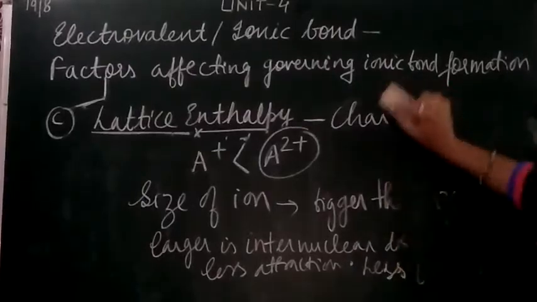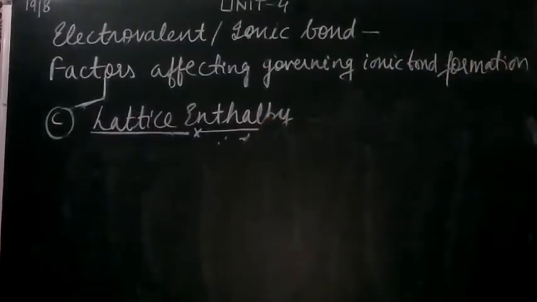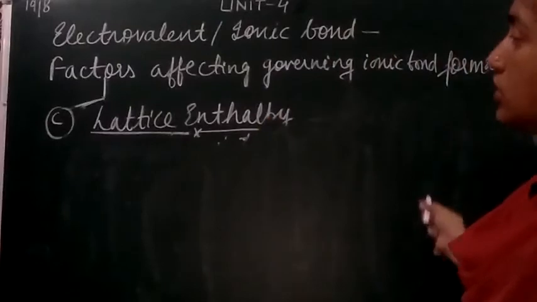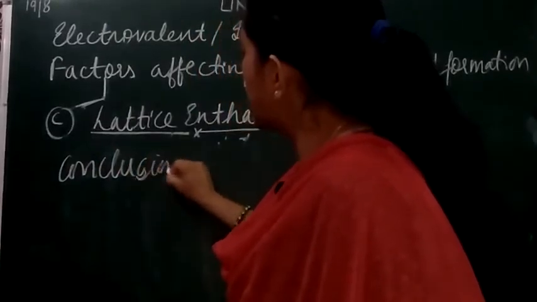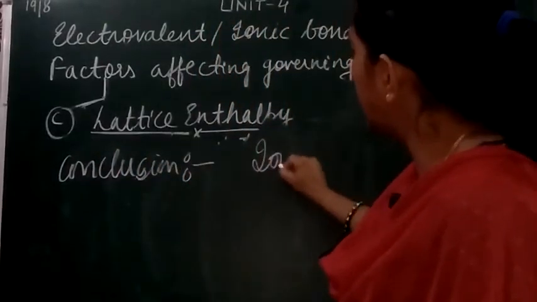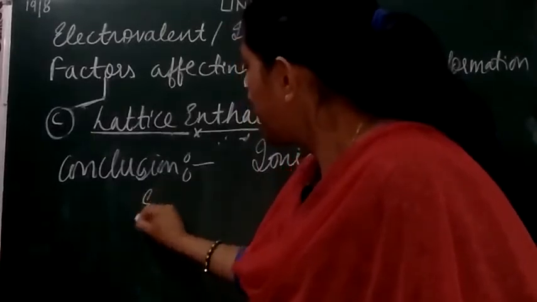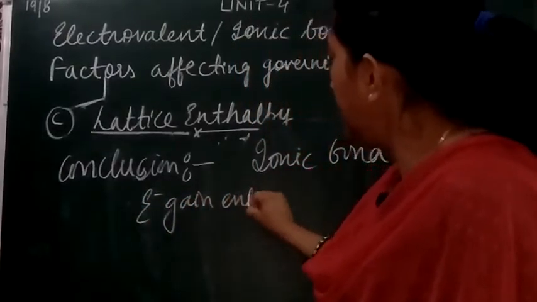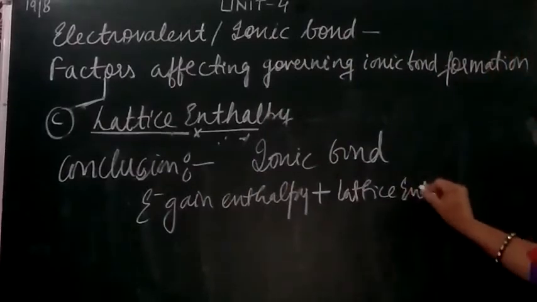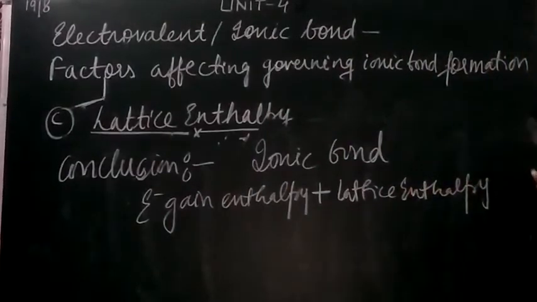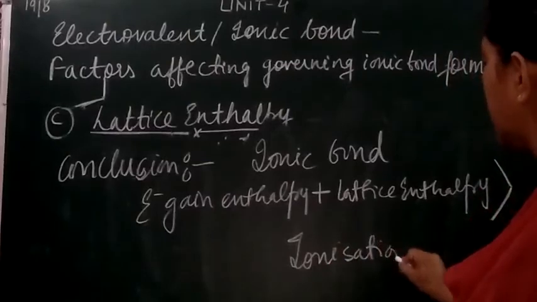Now just in a nutshell, we are going to conclude here that for the formation of the ionic bond, the sum of the electron gain enthalpy and the lattice enthalpy should be greater than the ionization enthalpy.